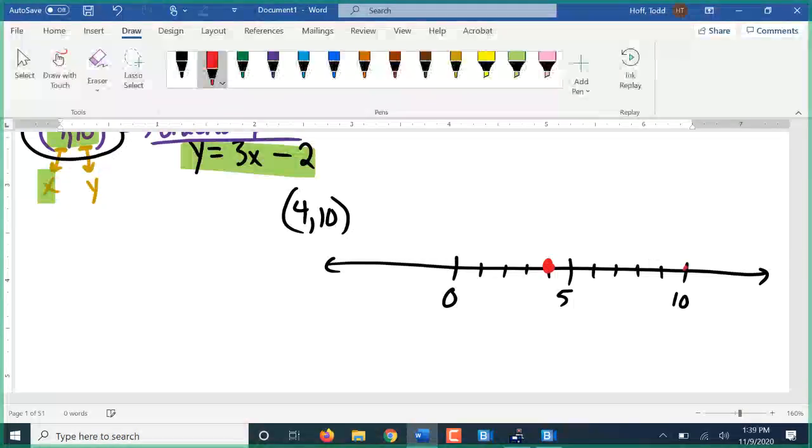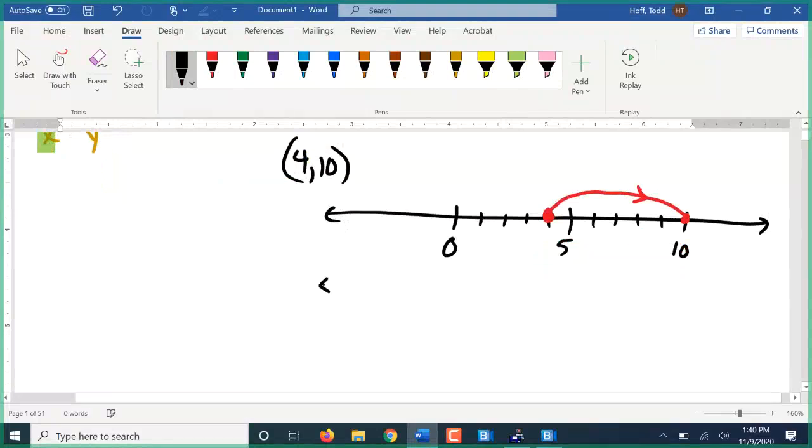Here's 4 and here's 10. But it's an ordered pair, so the link has to show which one comes first. So it has to have an arrowhead of some sort saying that we started at the 4, went to the 10. You can see how that would get very cluttered very quickly. Another thing that was tried was two number lines.